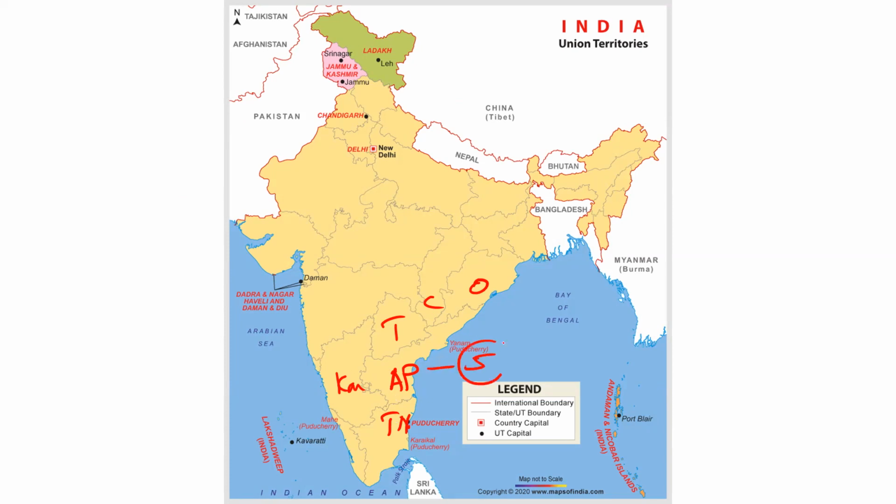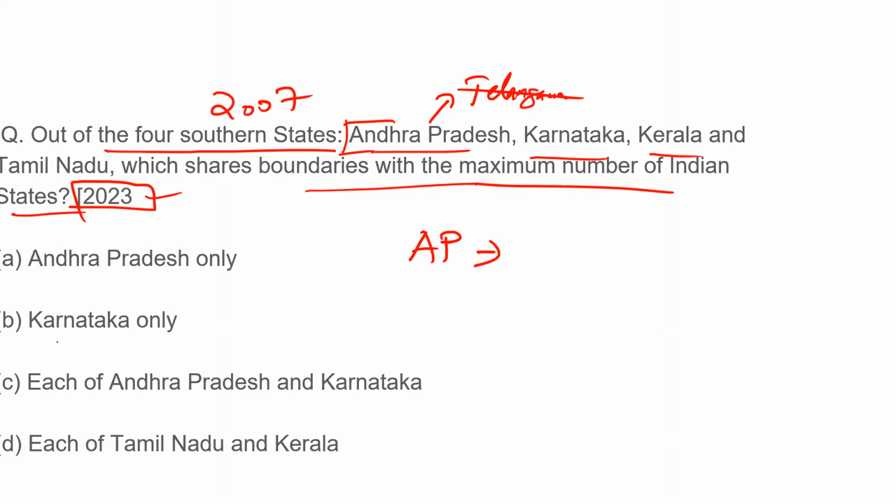Andhra Pradesh has 5. Karnataka has how many? Kerala, Goa, Maharashtra. 1, 2, 3, 4, 5, 6. Karnataka has 6. Tamil Nadu has 1, 2, 3. Kerala has 1, 2. So automatically the answer is Karnataka. So the answer is B, Karnataka only.